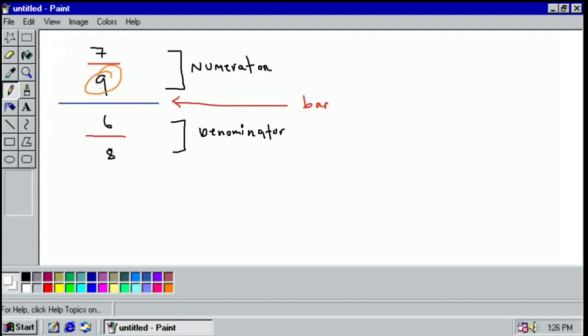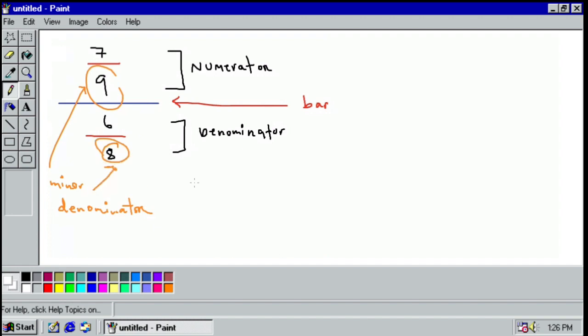And this part is called the minor denominator. This part is called the minor. That one.